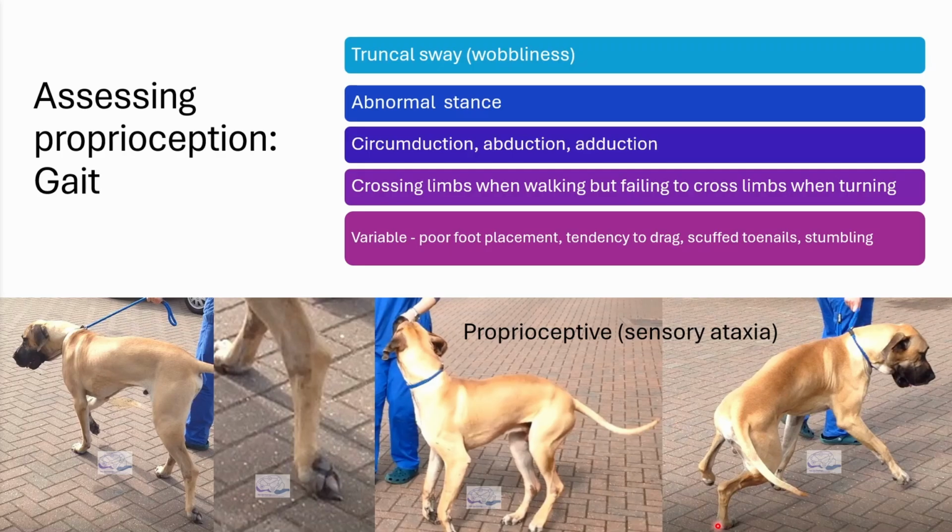Here we can see that there is a wide-based stance as the dog is turning, and this hypermetric action, increased movement in the protraction phase, but with increased joint extension rather than the increased joint flexion that you can see in cerebellar disease. And if you want to learn more about that particular aspect of gait, then I recommend my other video, which is on making sense of dysmetria.